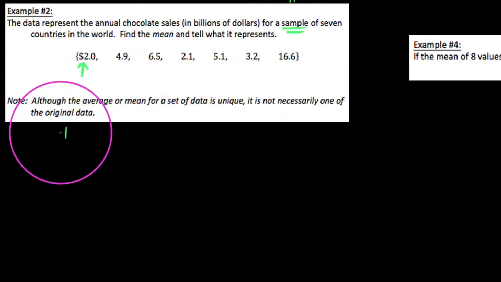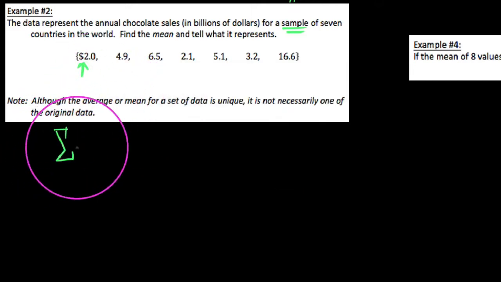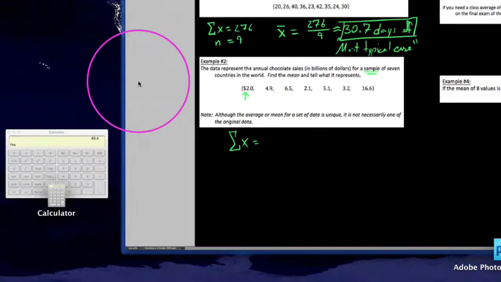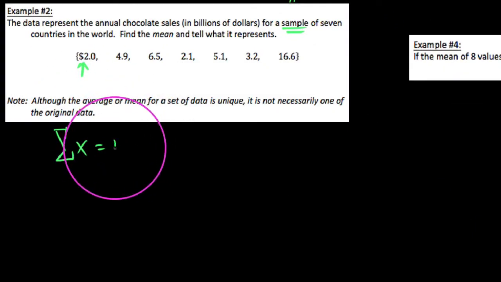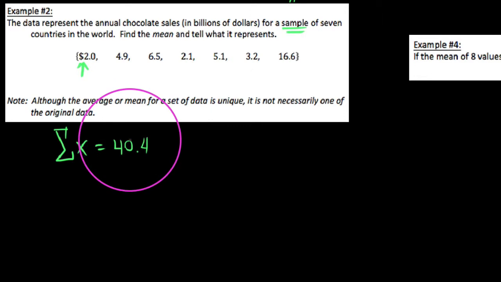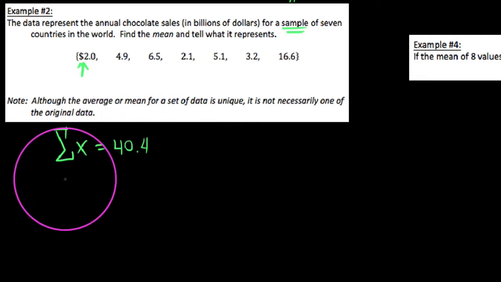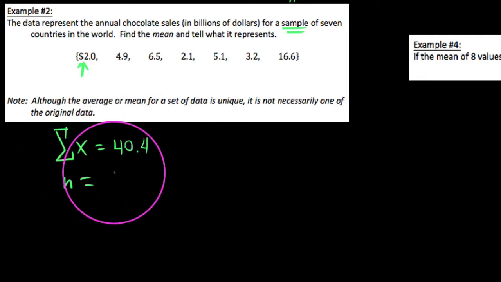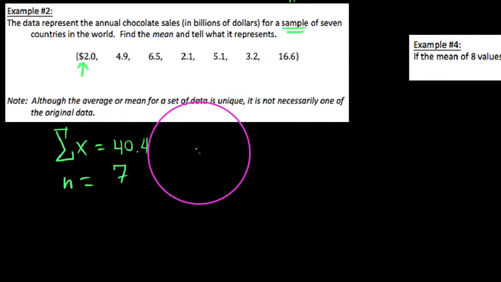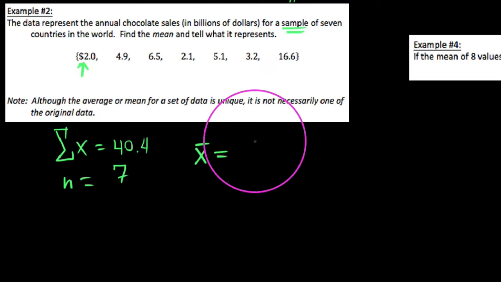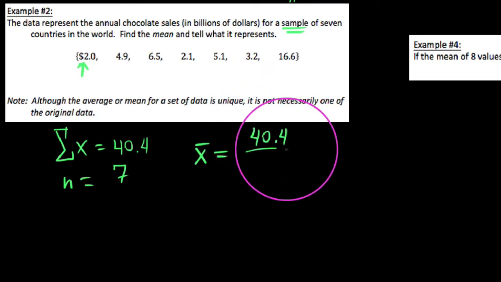So the sum of our data, which we list here with the sigma of all the data, we determined was 40.4. So $40.4 billion here. And the number of data, since we're talking about a sample, we use lowercase n. We said that there are 7 countries here. So again, our mean, which we represent with x bar since we're talking about a sample, is 40 and 4/10.